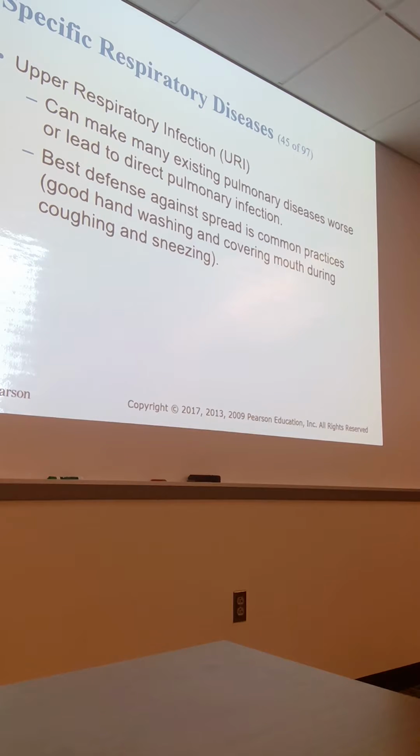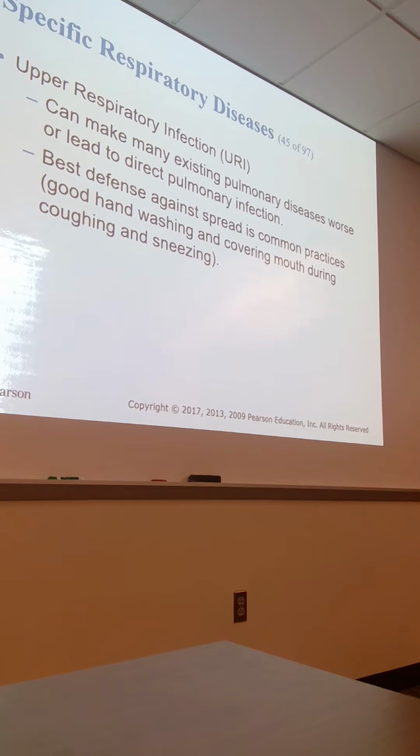All right, a URI can make any pulmonary disease worse, and so a COPD patient with pneumonia is a disaster in the making, because they don't have the pulmonary reserve that a healthy person would have. They can't tolerate much less oxygenation than they're already getting by on, and so that is a danger.